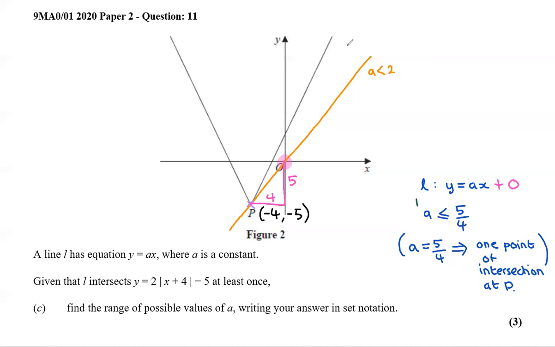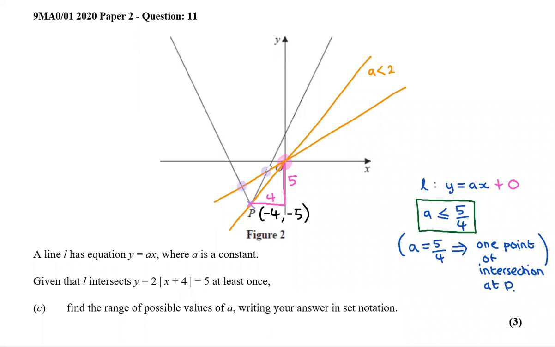Now there is another condition. If we make A strictly less than 5/4, we're going to have 2 points of intersection, because as you can see, if I just make A a little bit less steep, it passes through the modulus graph twice.